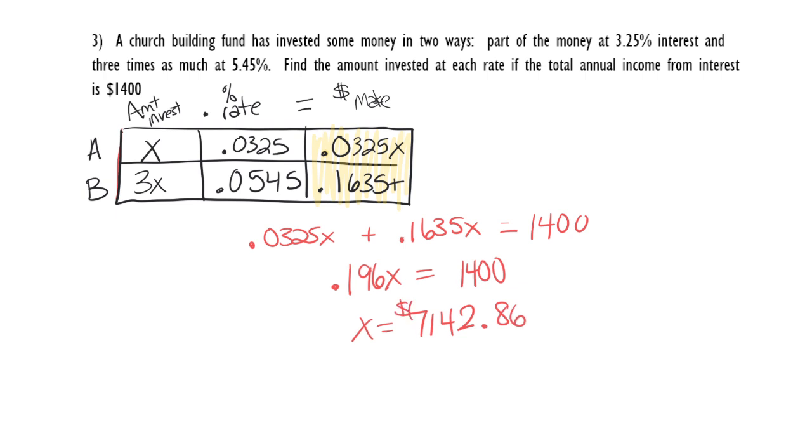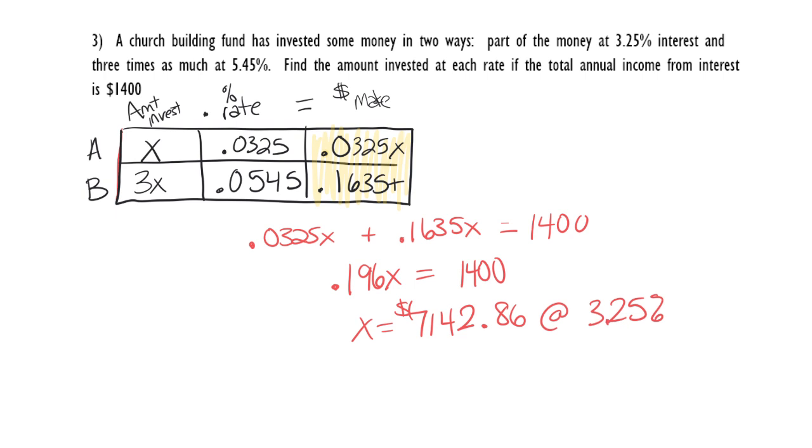So now let's look at what we have found and if we've answered the question. It says find the amount invested at each rate. Okay, so what I have found so far is how much was invested in option A. So I would write that amount of money at 3.25%.